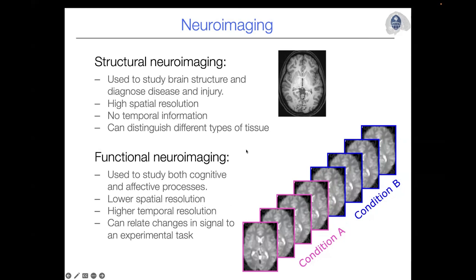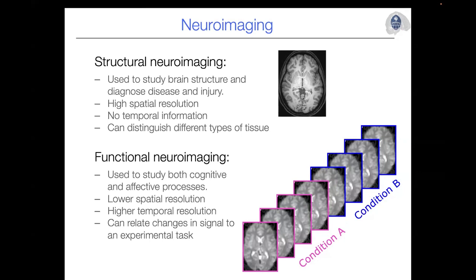But we usually have lower spatial resolution because we can't start acquiring the second image before we finish the first. There's a time constraint in how much time we can spend getting each image. So typically they tend to be of lower spatial resolution, but we gain a temporal resolution. And often we try to relate changes in signal to some experimental task.